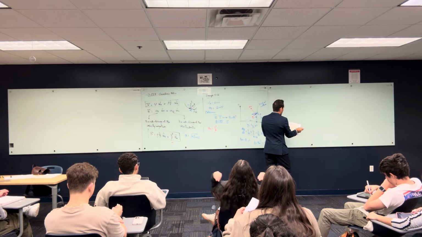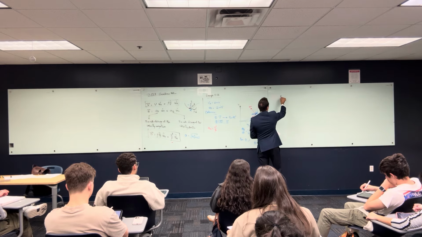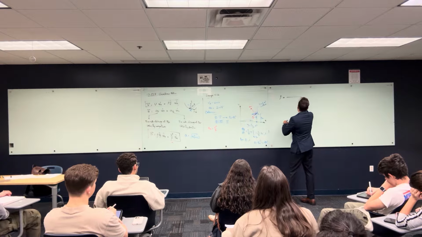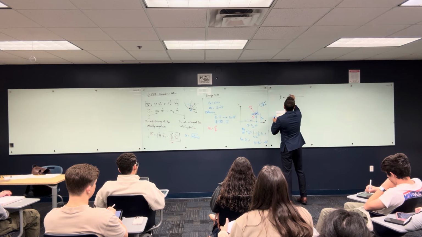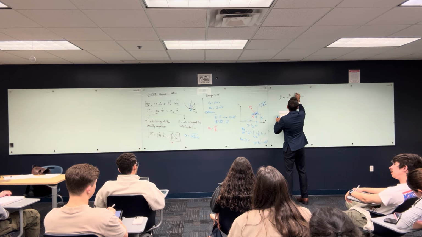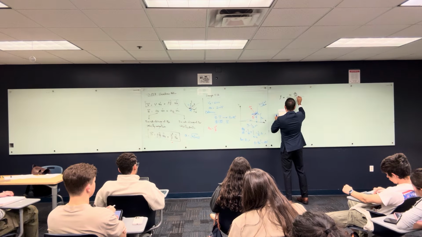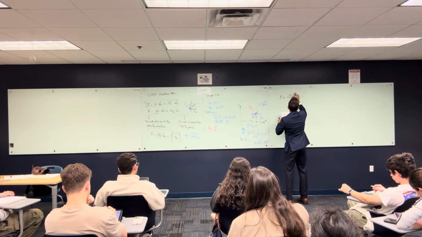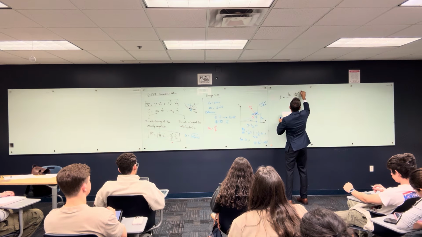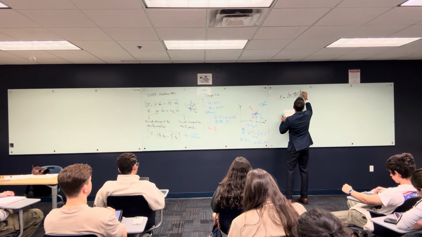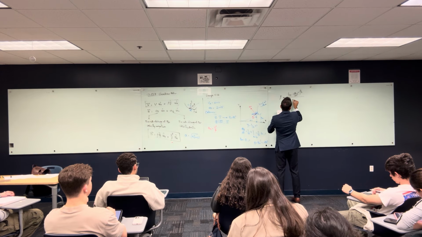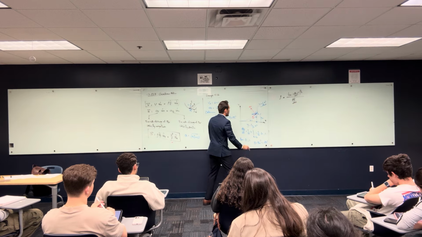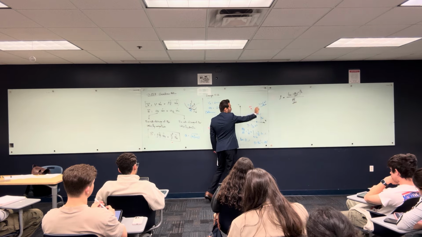If you know the equation of a curve, the radius at any point on this curve is equal to a very long equation: 1 plus dy dx squared, all to the power 3 over 2, divided by d squared y dx squared. That is a general rule for the radius at any point on the curve.